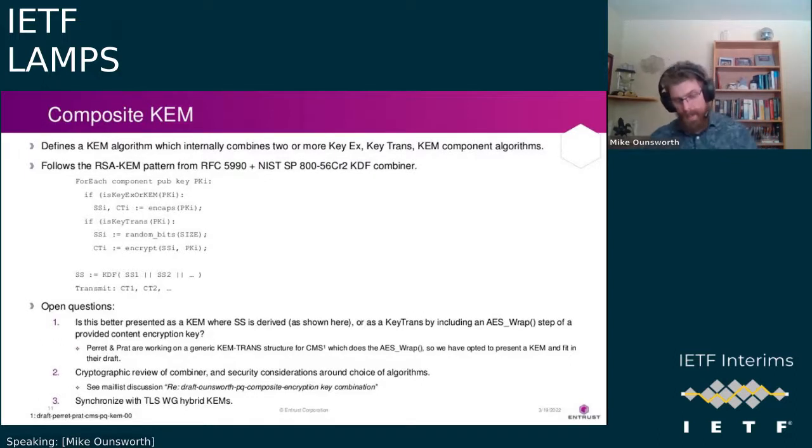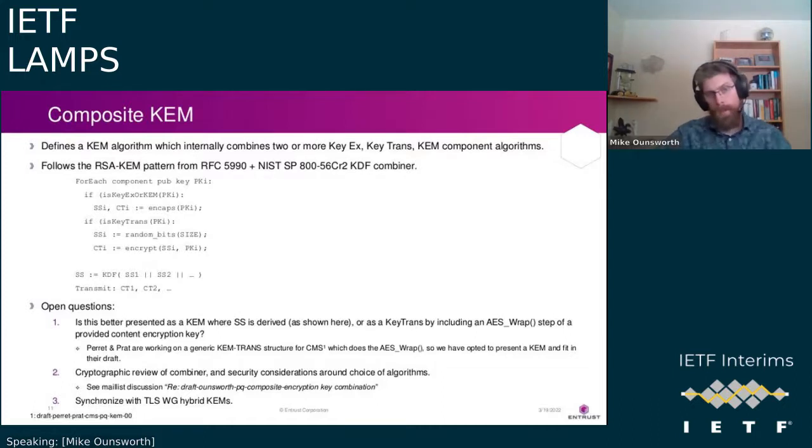So composite KEMs. I mentioned at the top that we have a KEMs-00 that we haven't published yet. Looks like this. We're basically going to define a composite content encryption scheme, and we're going to wrap it up to look like a KEM. And so then it should fit nicely into the draft that Julien presented earlier.